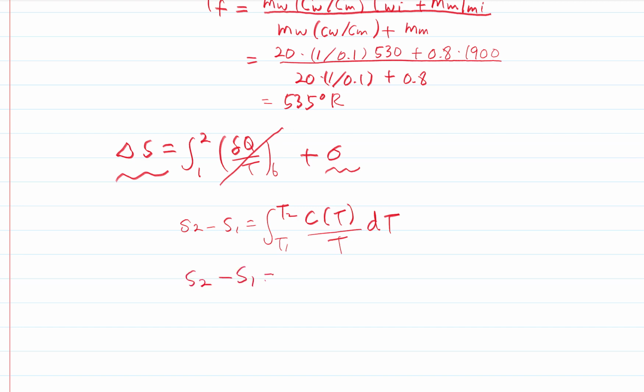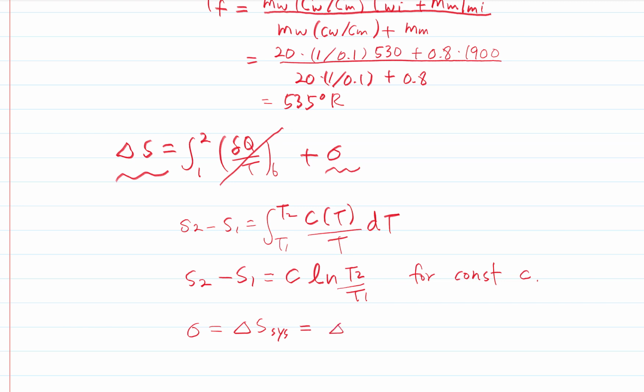So it can be written as C times natural log T2 over T1 for constant specific heat. So the entropy production is delta S of the system.